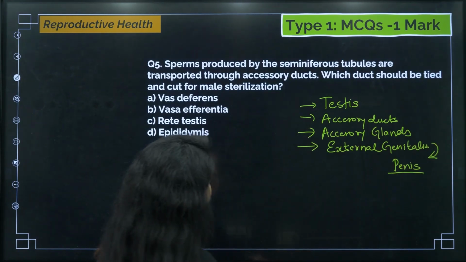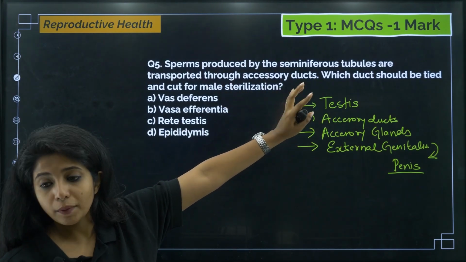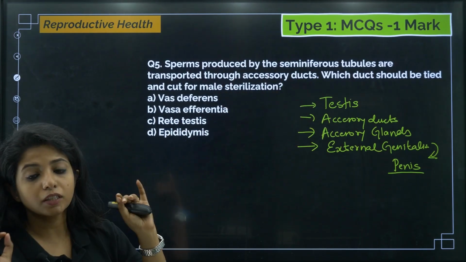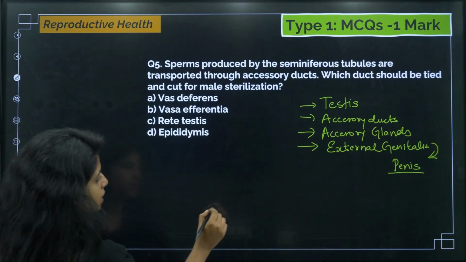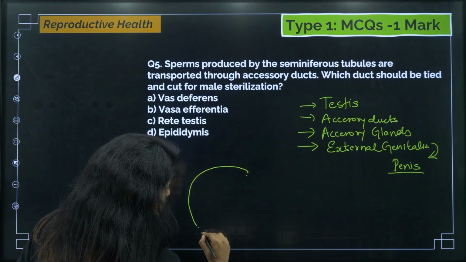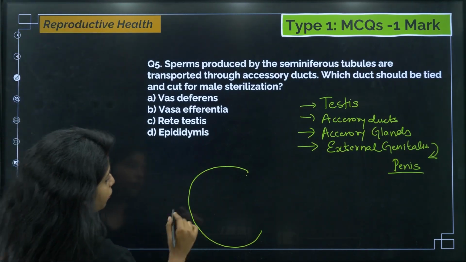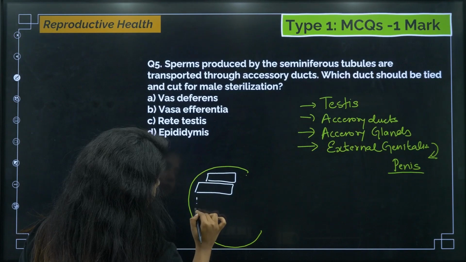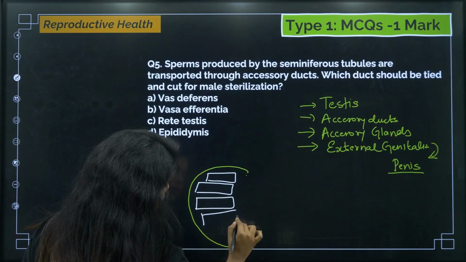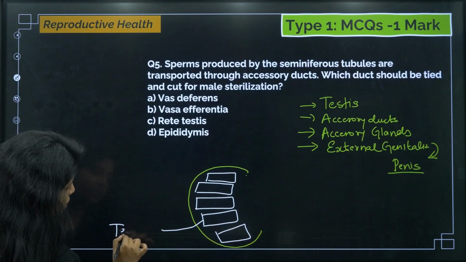And now you are asked, sperms produced by the seminiferous tubules. So you understand one thing, that sperm is getting produced inside something known as seminiferous tubules. So suppose this is the testis. Inside the testis you have so many things like this which are known as testicular lobules.